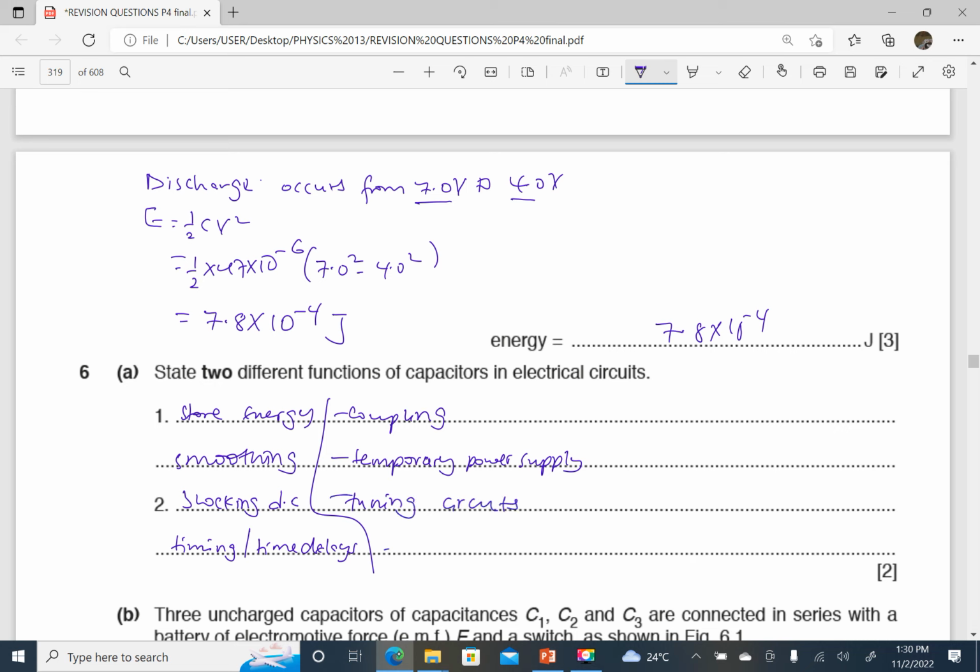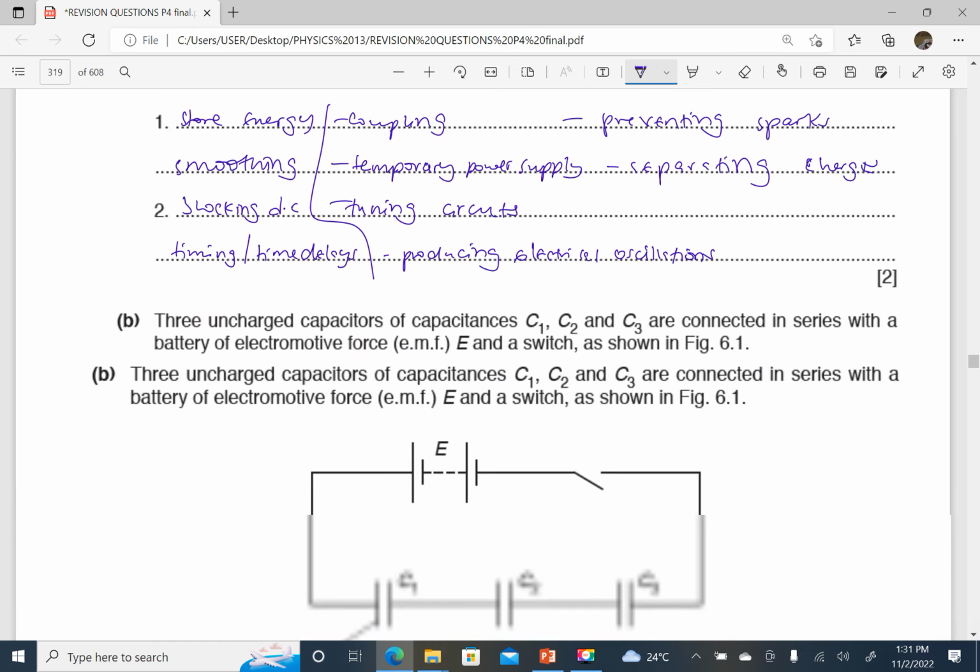You can talk about preventing sparks. So all those ones are separating charges. You can also add separating charges, not storing charge, but separating charge. All those are some of the applications or functions of capacitors.